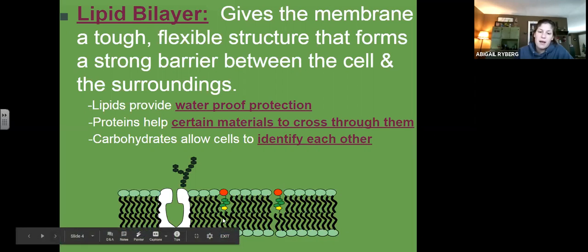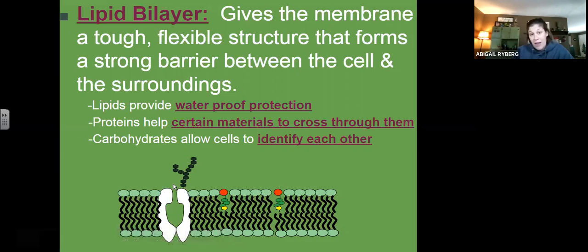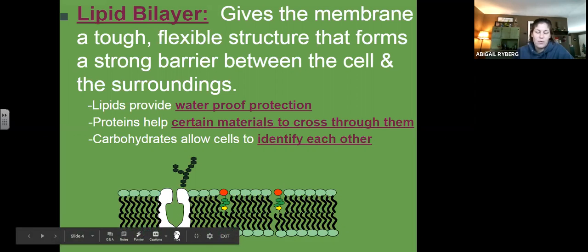And then plopped among these lipids are proteins. This tan looking structure is a protein, and you can see it is structured to allow materials through. If it's allowed to pass through, a molecule may come and pass right through the protein.